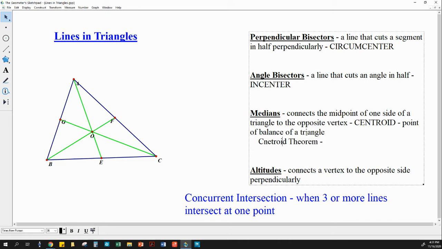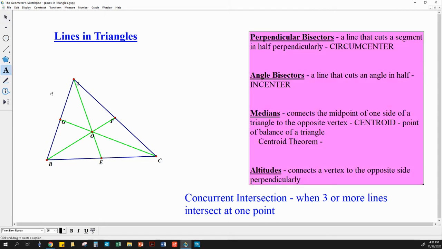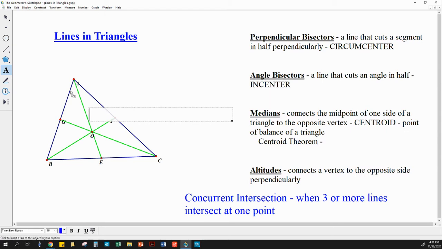And I misspelled that. The Centroid Theorem: each median is broken up into a small section, like F to O, and a long section from O to B. Every one of the medians. If we look at median AE, there's a small section and a long section. That long section is always going to be 2/3 of the total median.